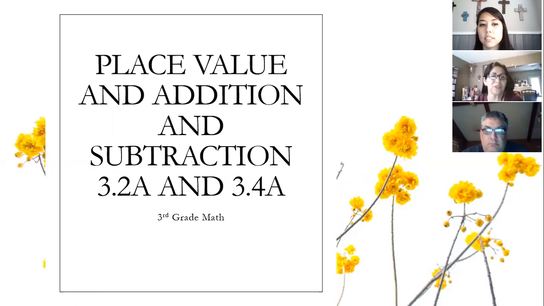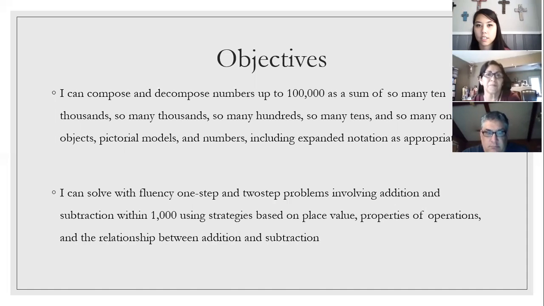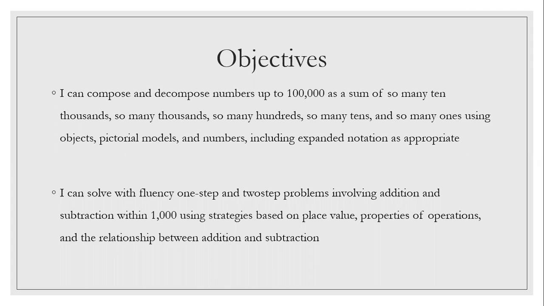Today we're going to do a math lesson on place value and addition and subtraction. It is 3.2A and 3.4A. Here is the objective. I can compose and decompose numbers up to 100,000 as a sum of so many 10,000s, so many thousands, so many hundreds, so many tens, and so many ones using objects, pictorial models, and numbers, including expanded notation as appropriate.